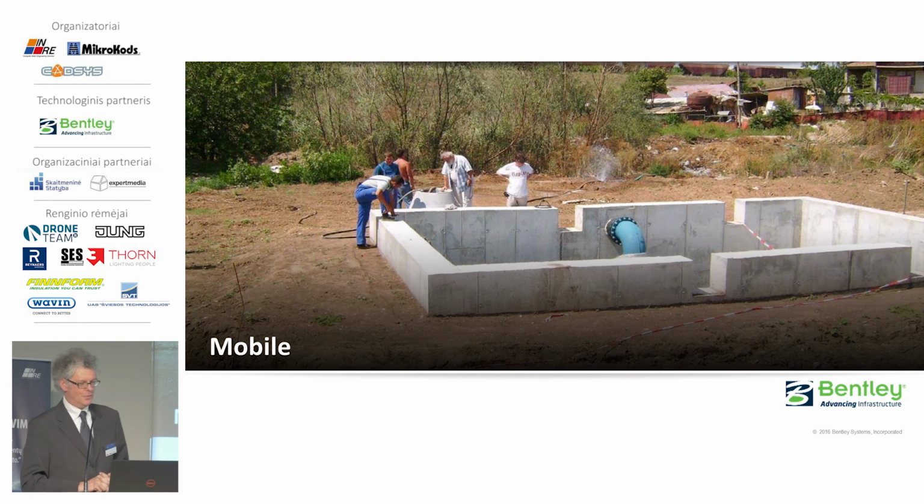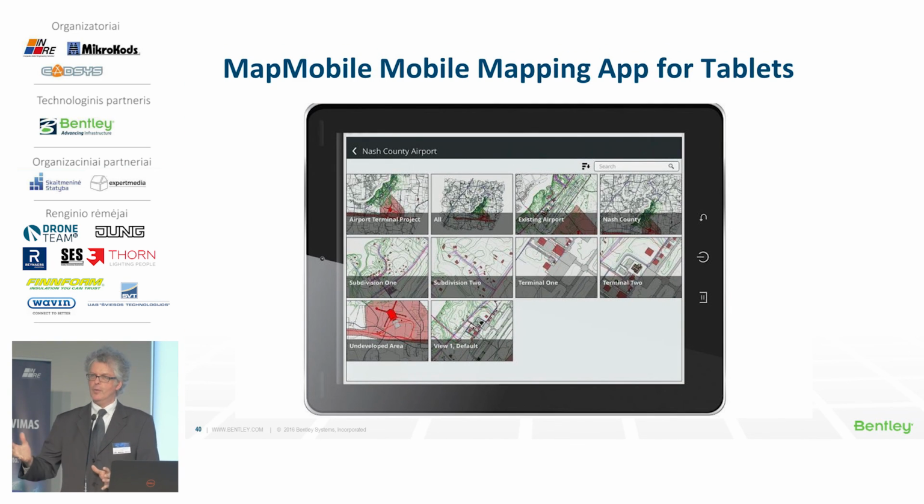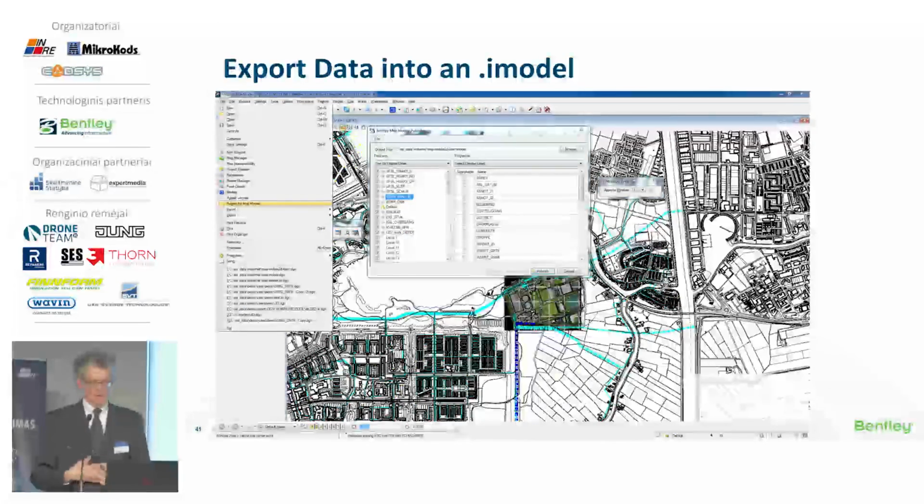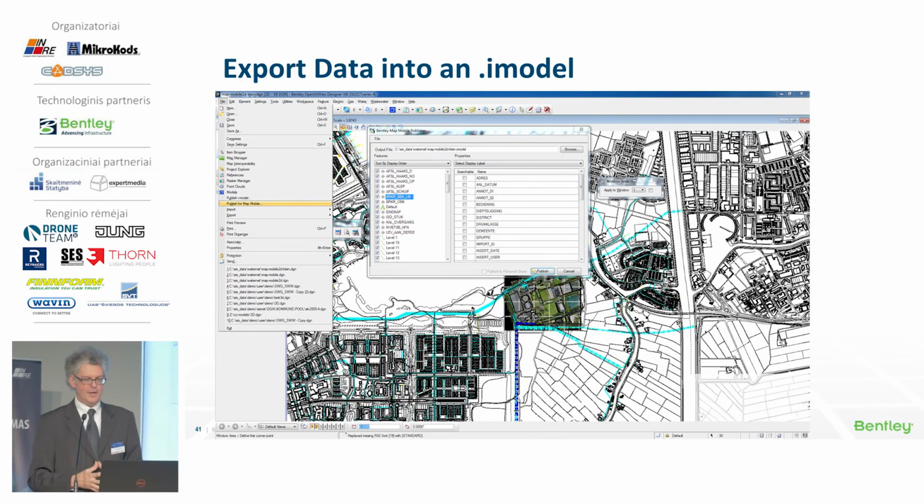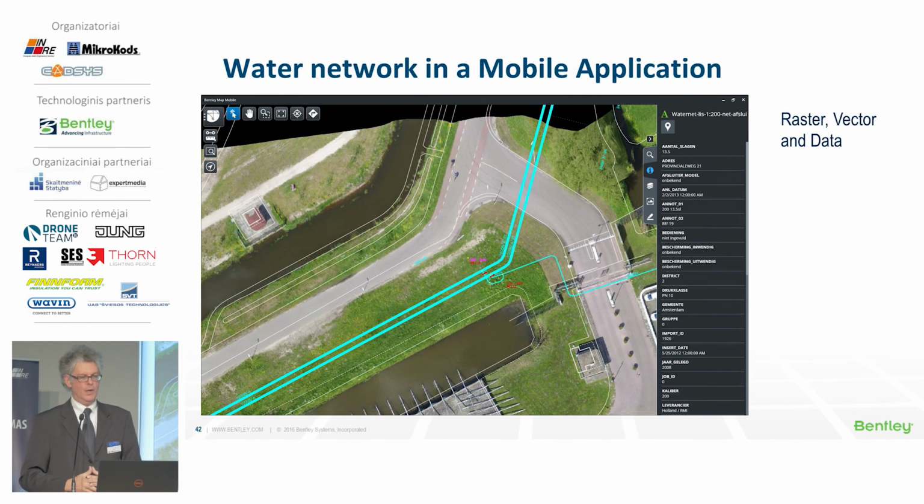So that is basically it. Now I'm doing one more section, I have more time, which is the mobile. I want to quickly show you some of the things that we do in the mobile area. You've seen this from ProjectWise. There is a tool called Bentley Map Mobile that is almost looking like the ProjectWise tool, like the ProjectWise Explorer, or as a matter of fact, the Navigator, where the basis of that is actually the iModel that you heard before, that can be exported from the GIS, OpenUtilities in this case, and then brought into the interface of the mobile application.